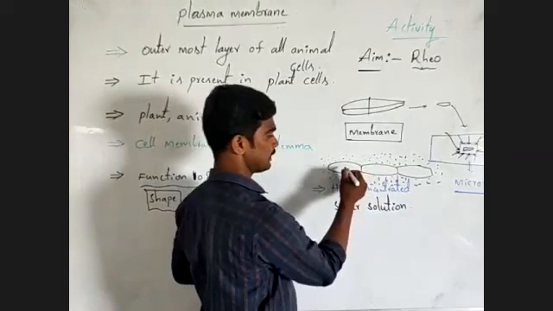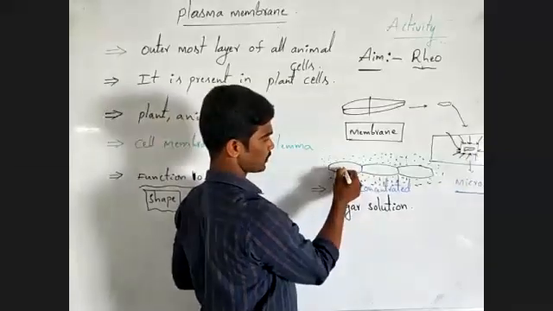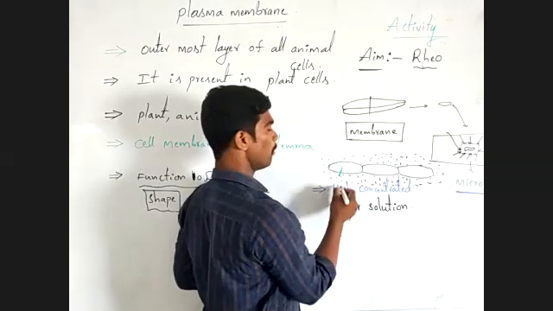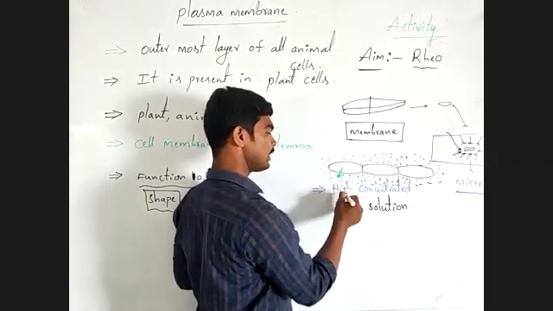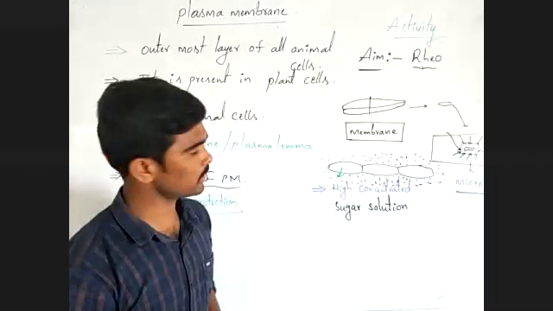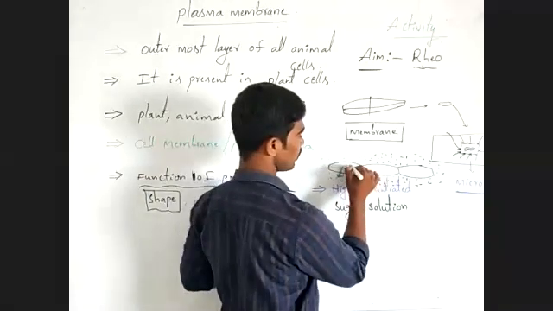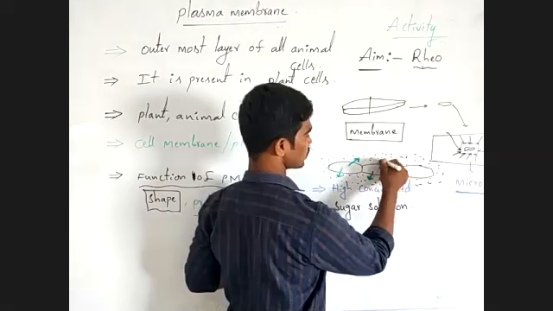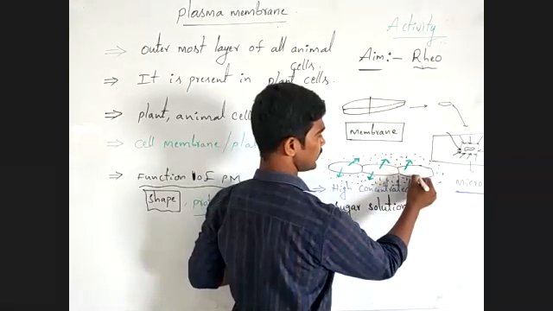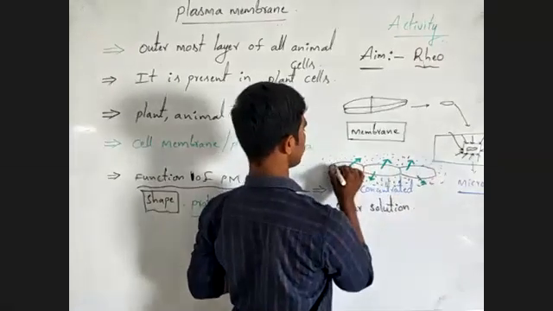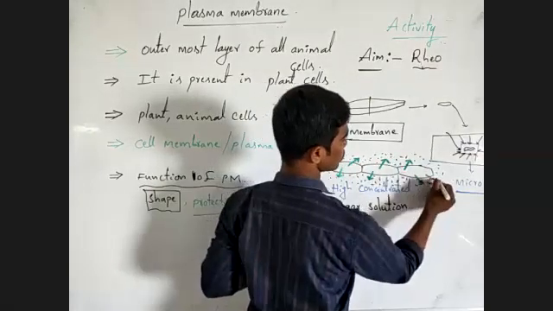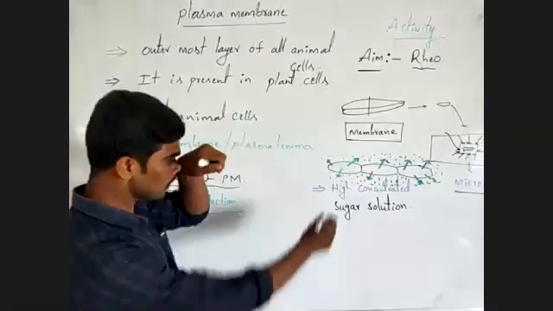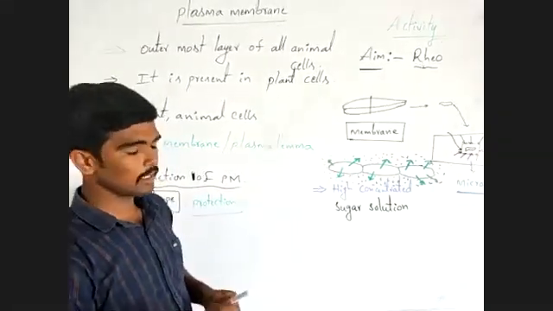From the inner side of the cells, water moves into the high concentrated sugar solution. Water moves into the sugar solution from the plant cells. Then what will happen?